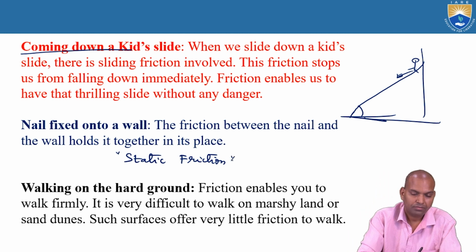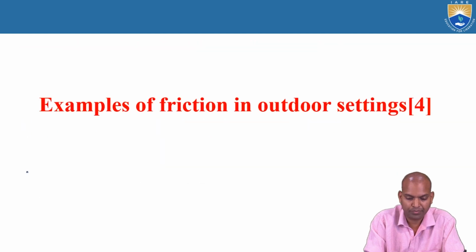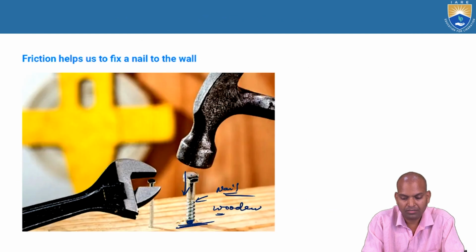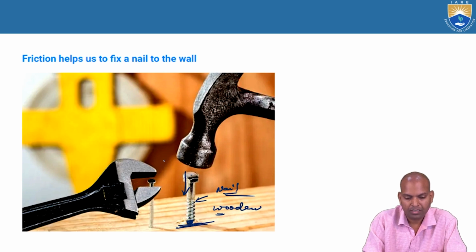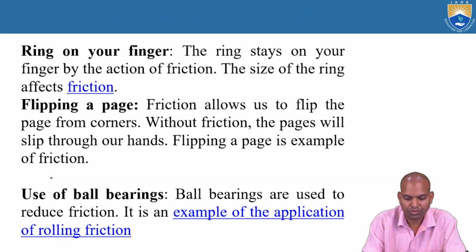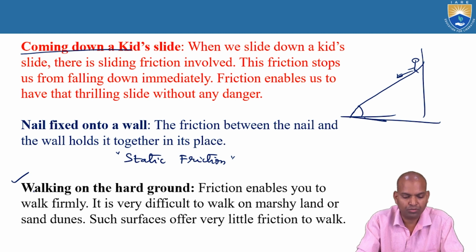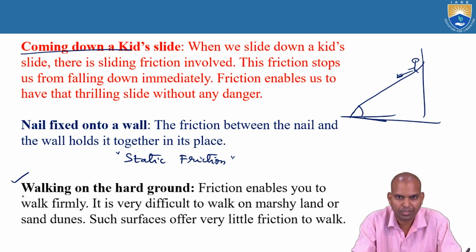Next, walking on the hard ground, which I showed before. Fixing the nail onto the wall is due to friction, and walking on hard ground is due to friction. These are outdoors. The friction enables us to walk firmly. Yes, we are able to walk.